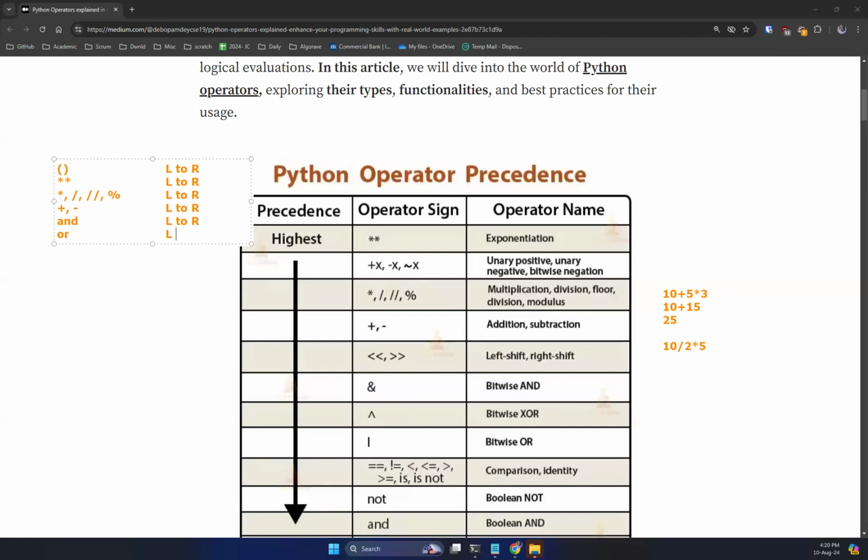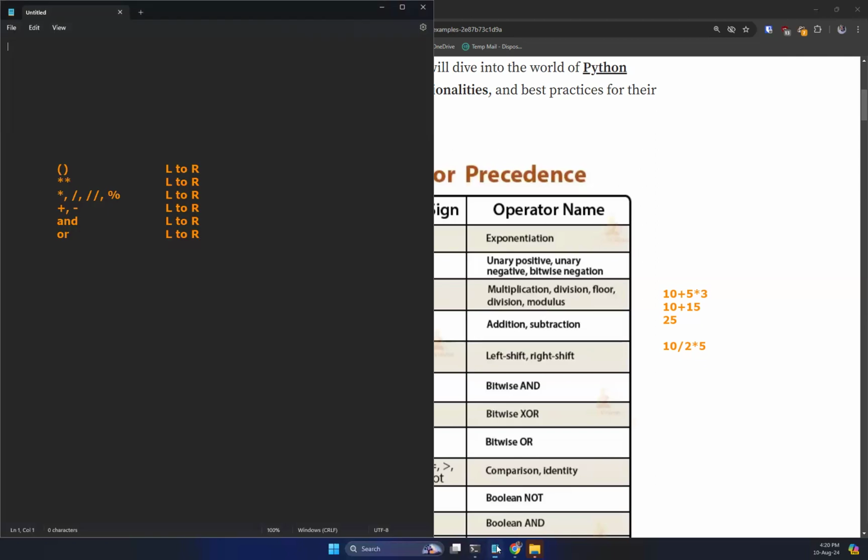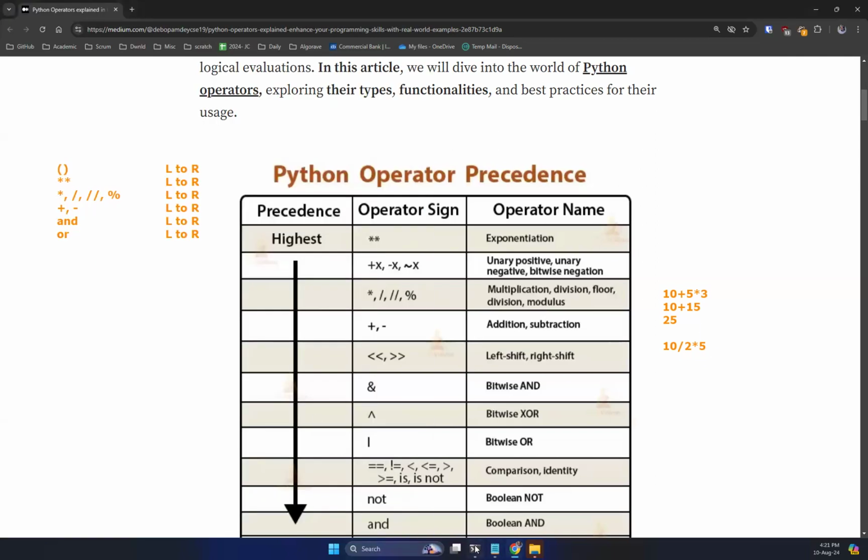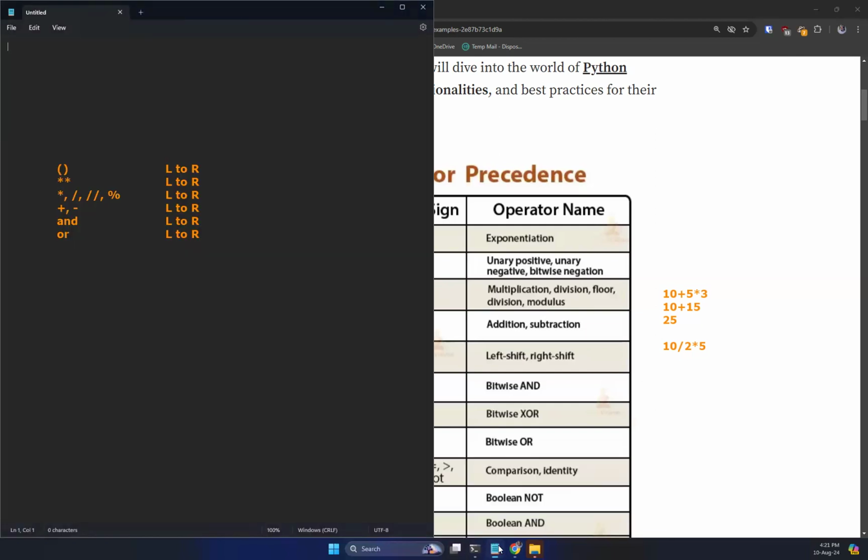Now the problem is what could be the answer here. Therefore, let's try it out and see what answer we get. The question is 10 divided by 2 multiplied by 5. Let's print the answer.